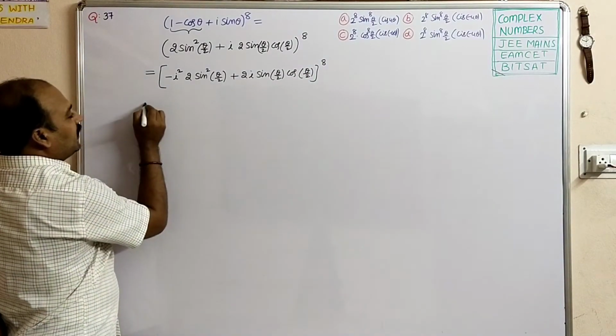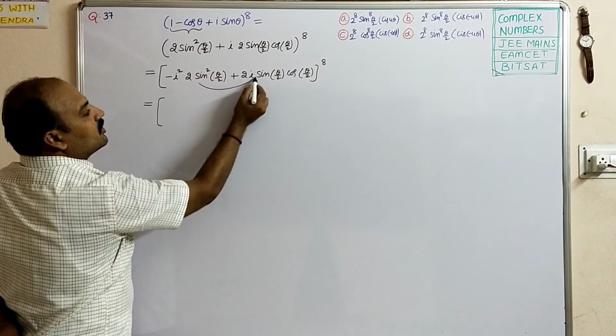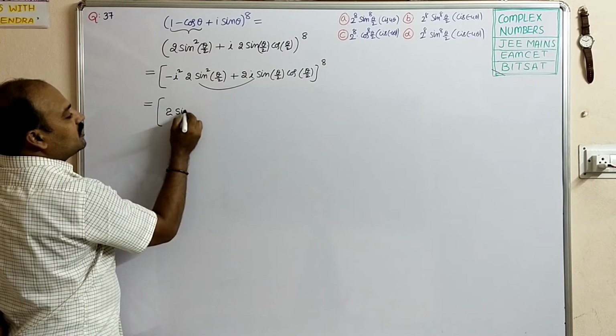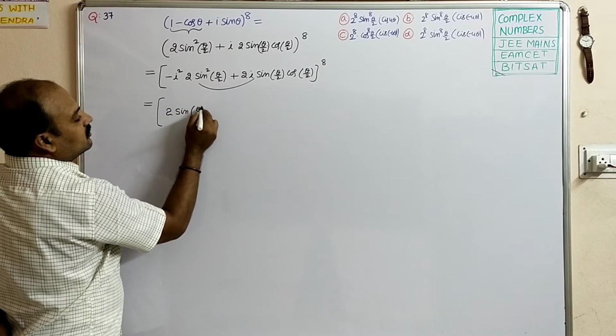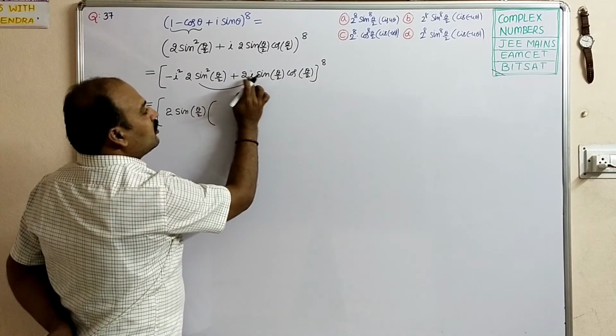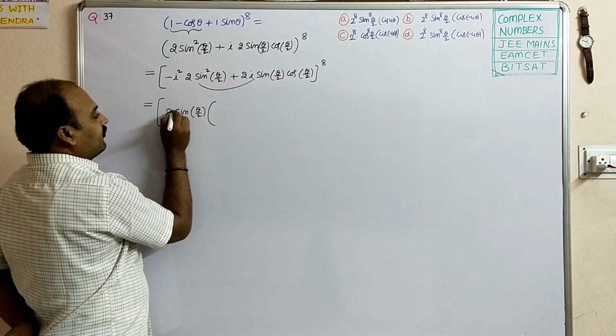Now take common 2 sin theta by 2 in both the terms. If you take out common 2 sin theta by 2, what is the remaining? 2i also.